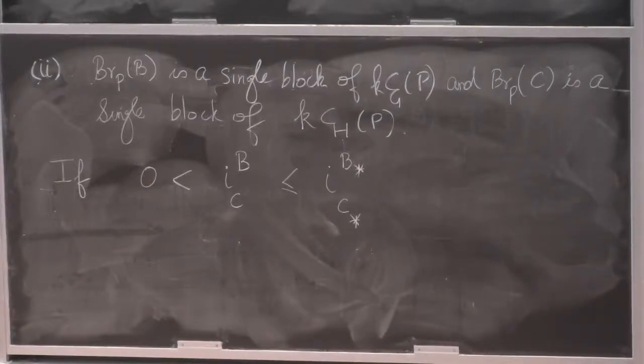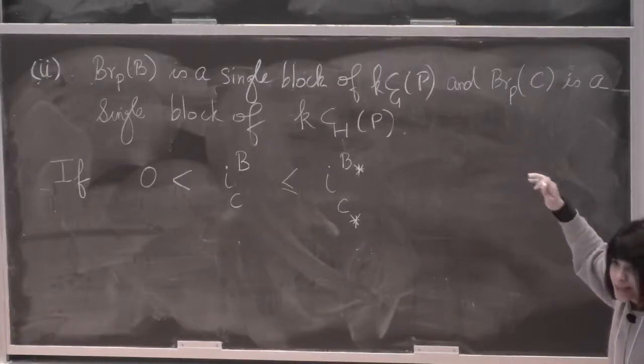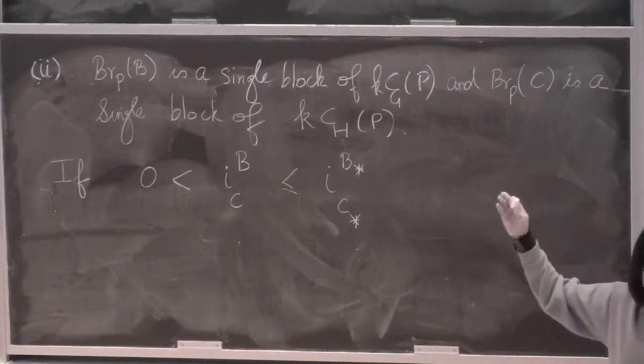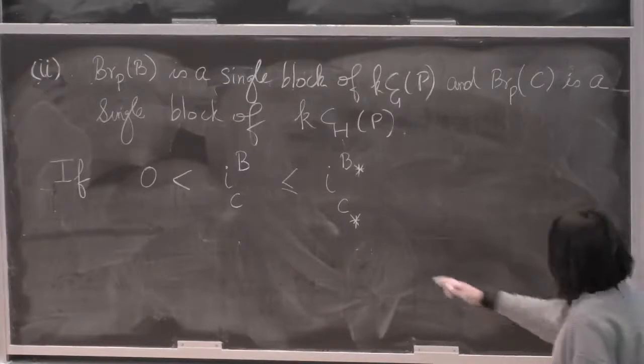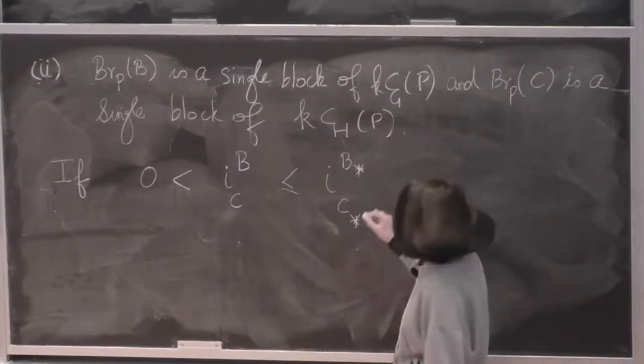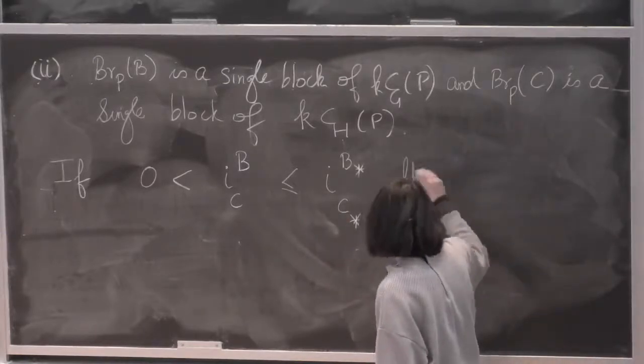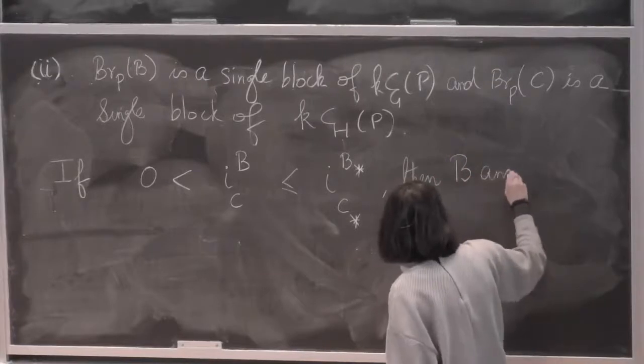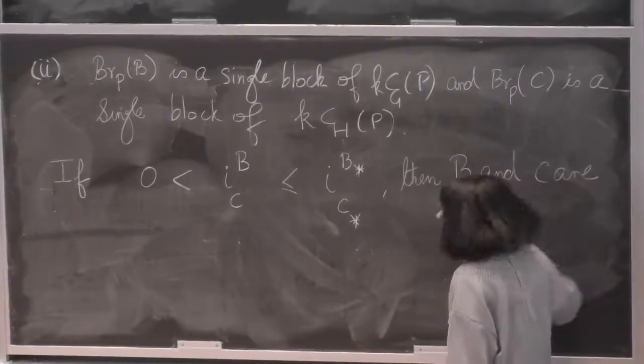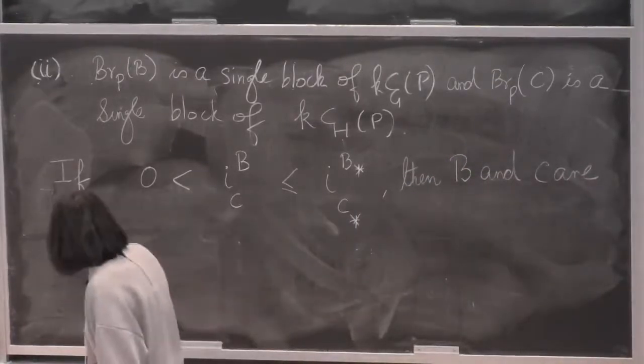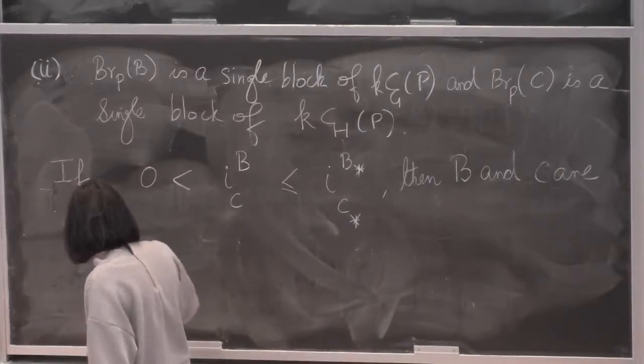So you do the same thing. Now you're looking at characters of the normalizer in H of P to the normalizer in G of P. And if you get this, then that's it. B and C are Morita equivalent.